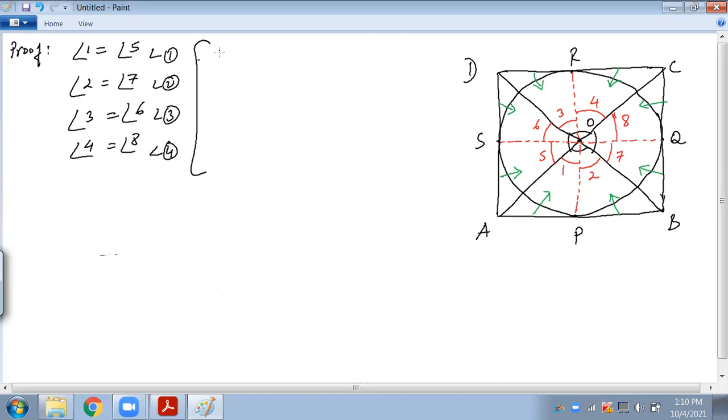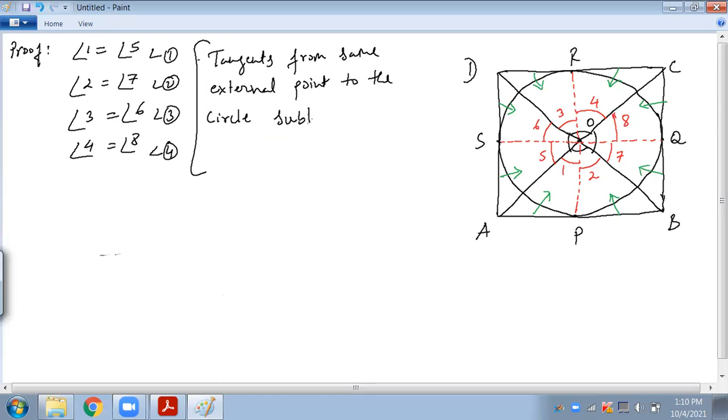And the reason is tangents from same external point to the circle subtends equal angle at the center.